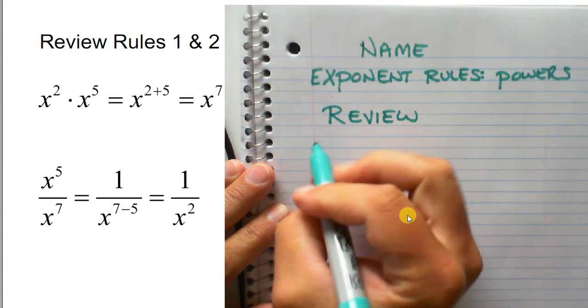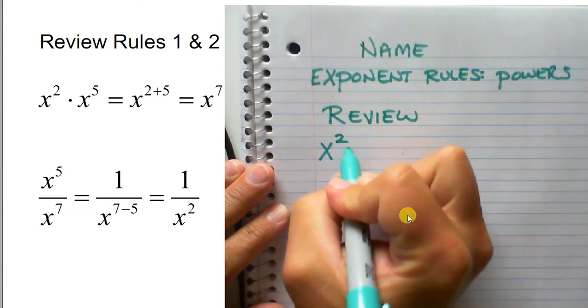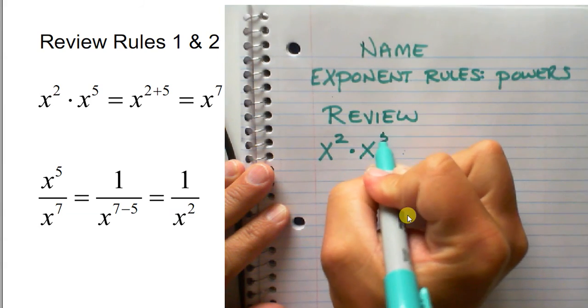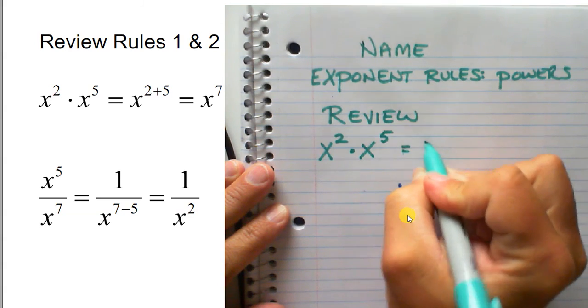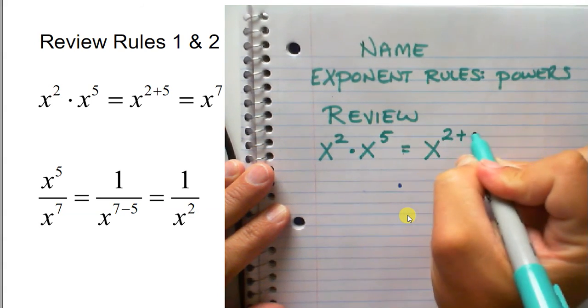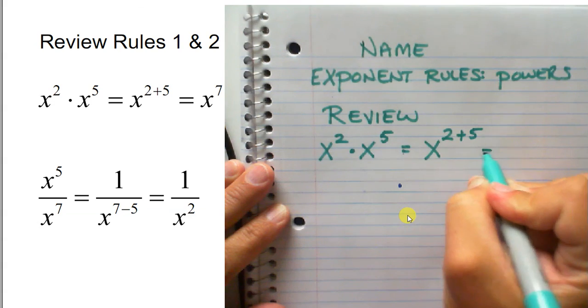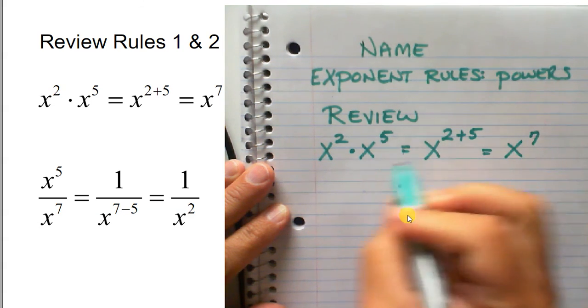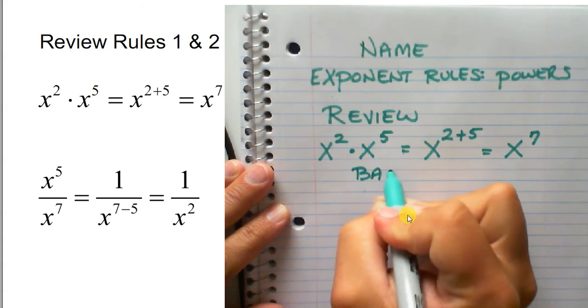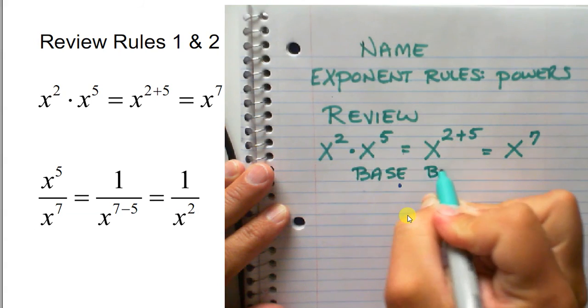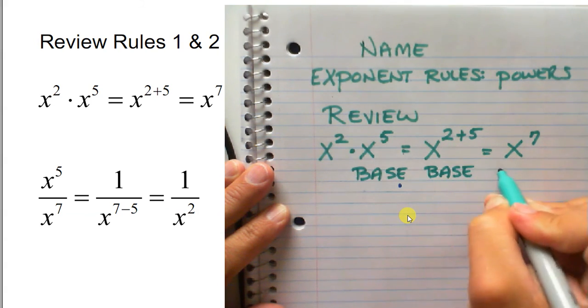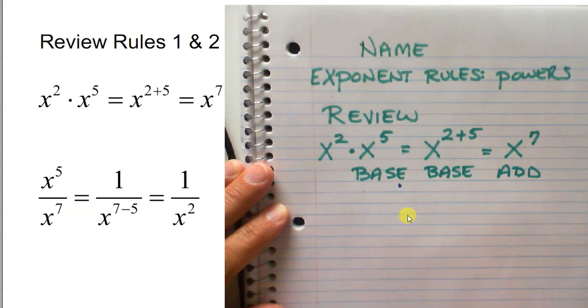So if I have x to the second times x to the fifth, that equals x to the second plus 5, which equals x to the seventh. And we call this one base add.